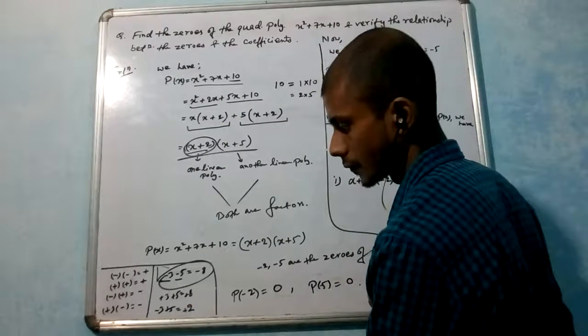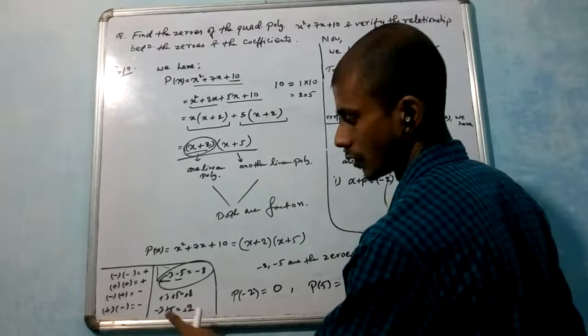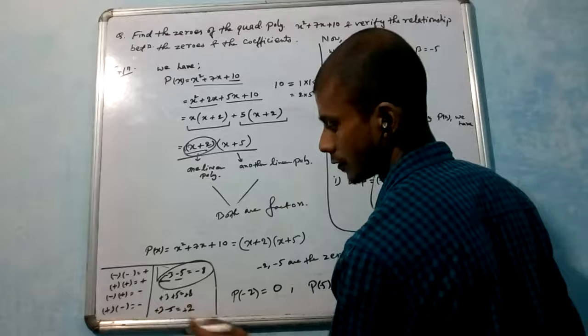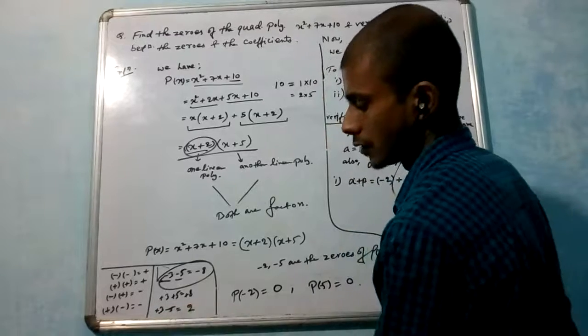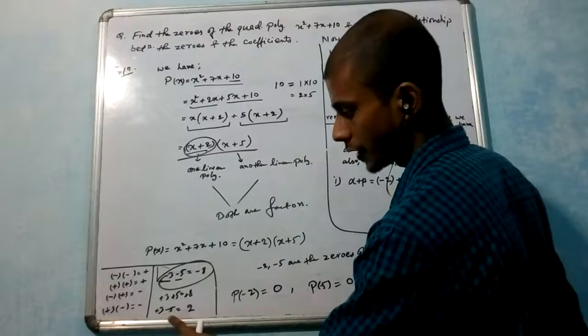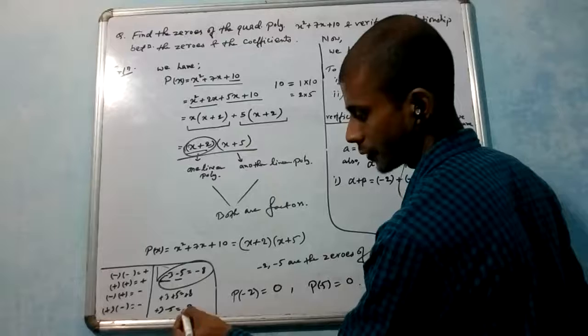Any doubt in this? If we have plus 3 and minus 5, again this is addition or subtraction, so we subtract the smaller from the greater, 5 minus 3 is 2, but the sign will be of the greater number, so minus 2. Clear?